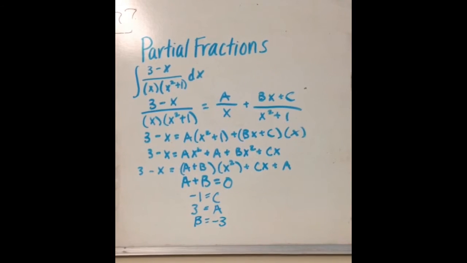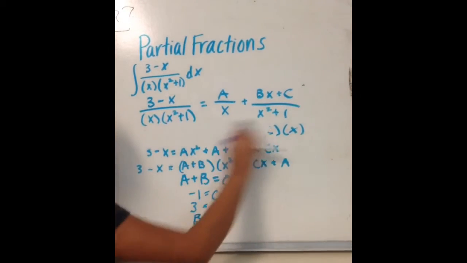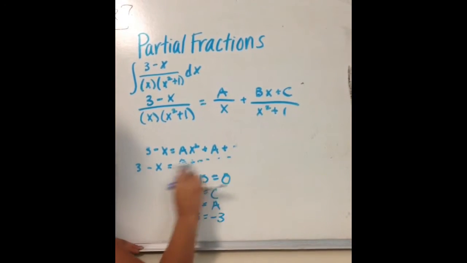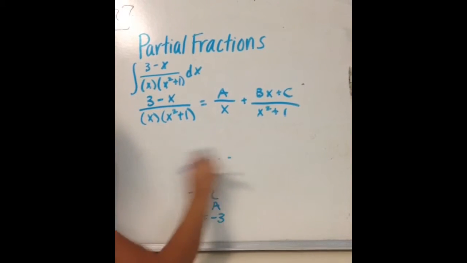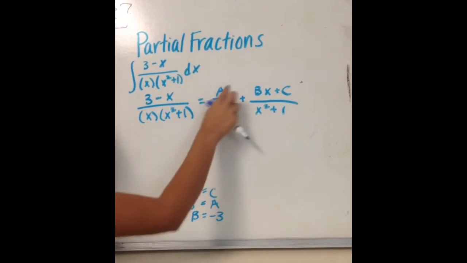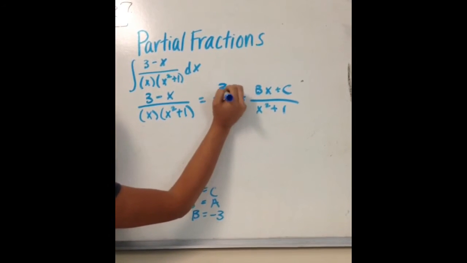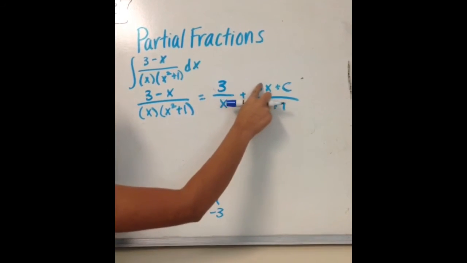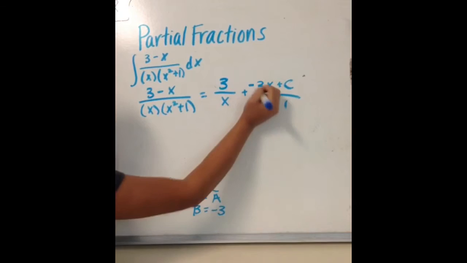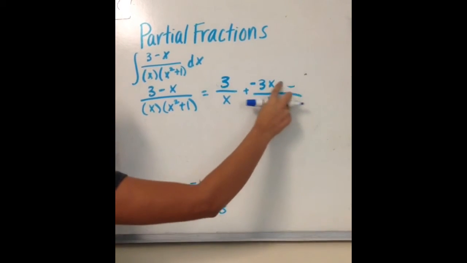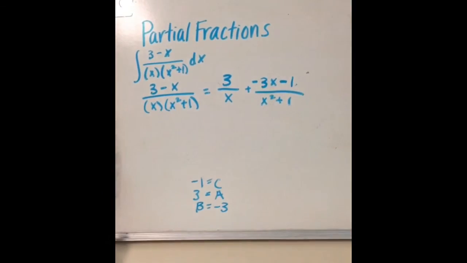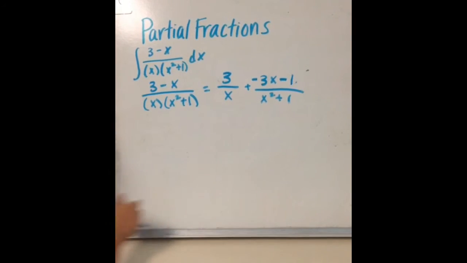So we have the values for A, B, and C, so we could erase all this. A is equal to 3, B is equal to negative 3, and C is equal to negative 1. So now we integrate.